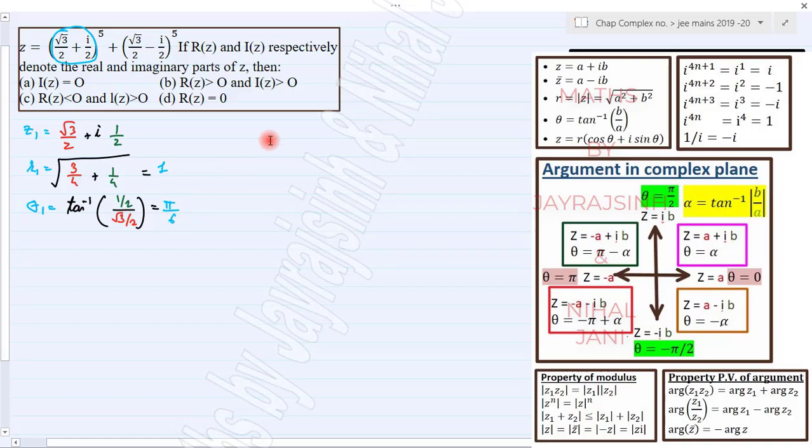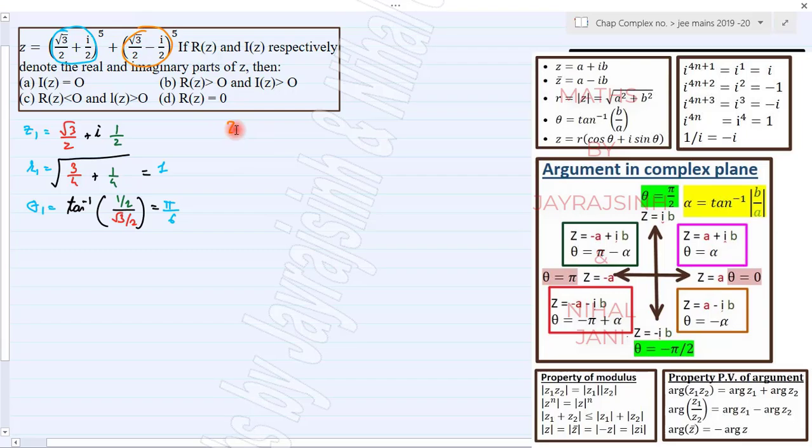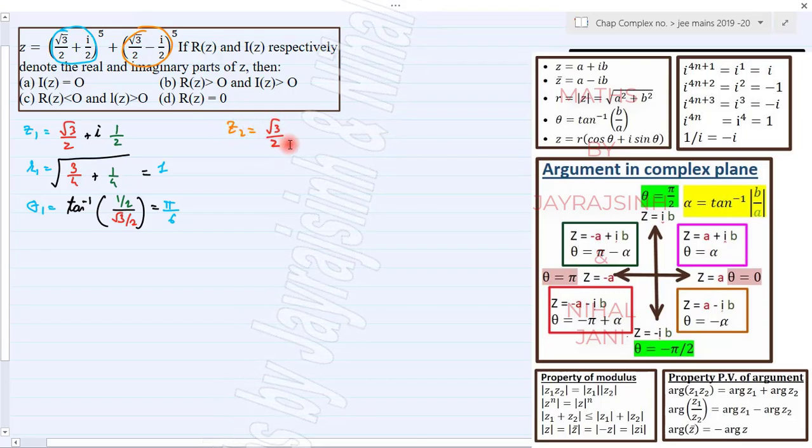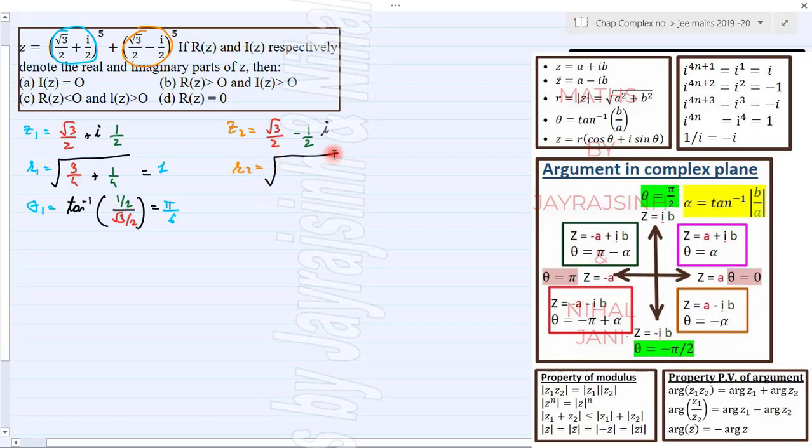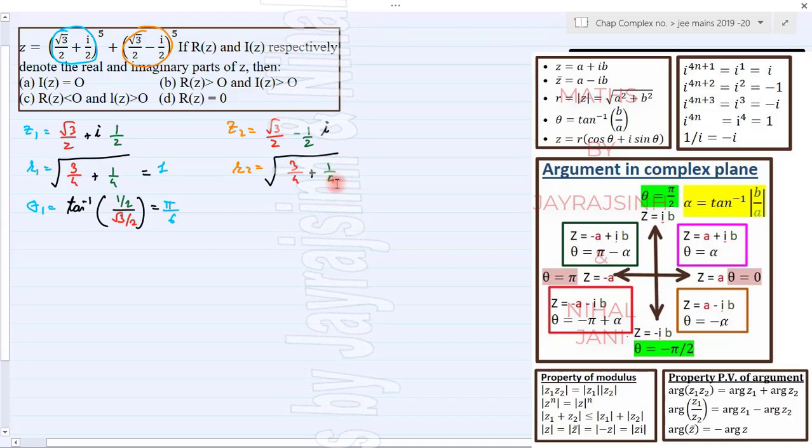Similarly, let's try to simplify a second complex number z2, having real part root 3 by 2 and imaginary part minus 1 by 2. So its modulus will be under root of 3 by 4 plus 1 by 4, or we can say 1.